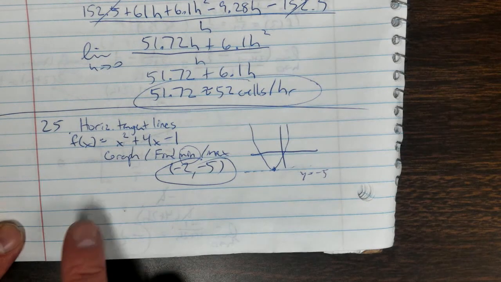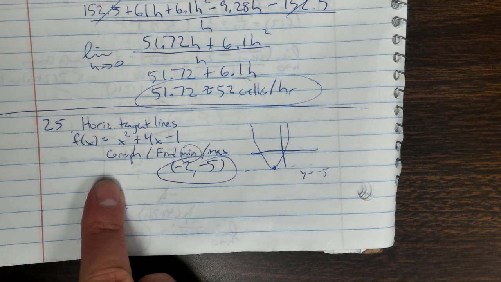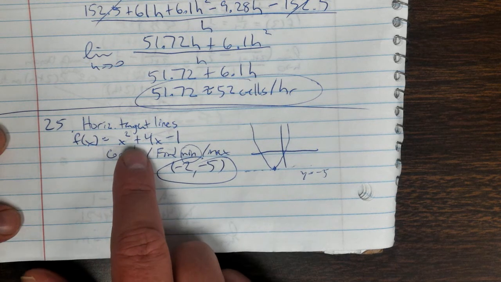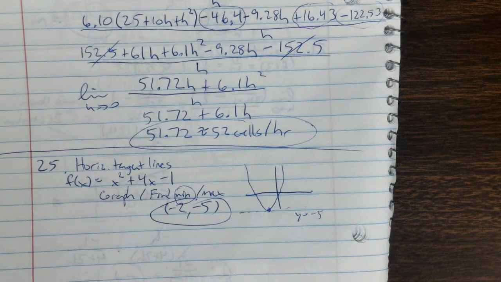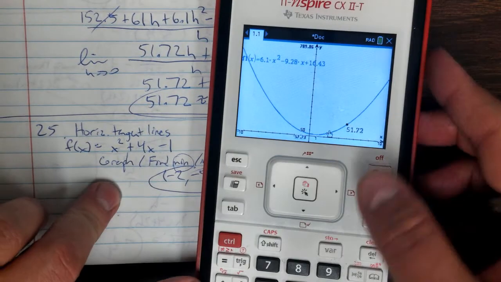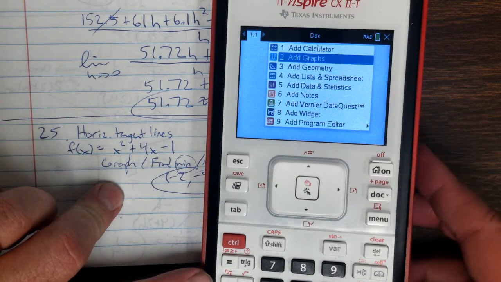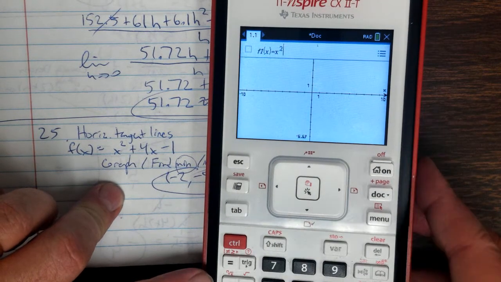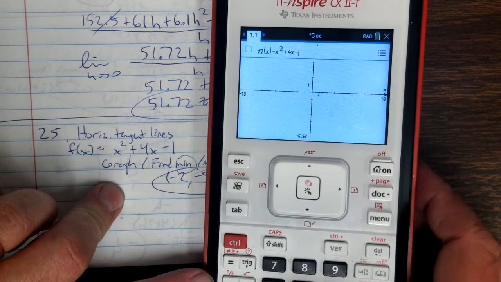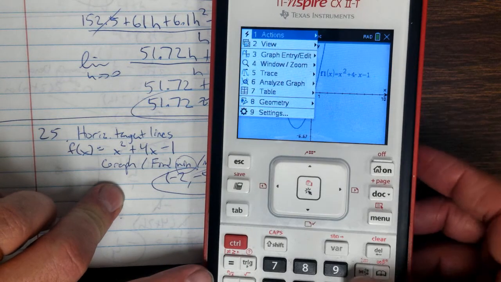Then the next one, it's talking about horizontal tangent lines. At what points do the graphs have horizontal tangent lines? And so this one is x squared plus 4x minus 1. And so I want to graph that. So there, and so first let's find our minimum.